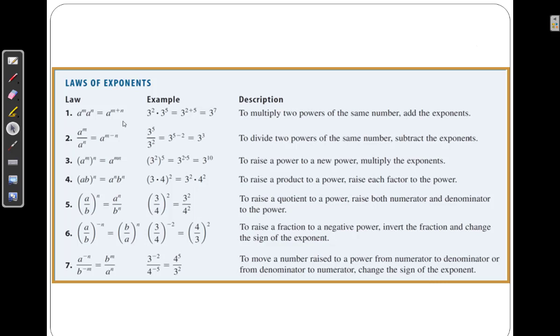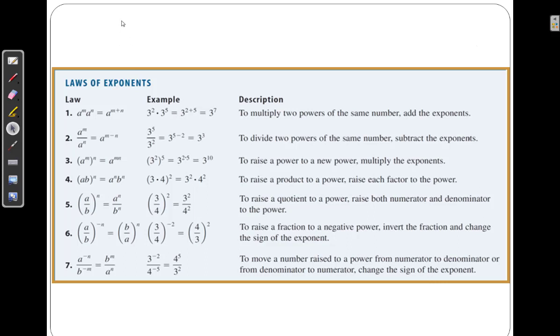This first law, law number 1, tells you if you have two exponential expressions with the same base, so you see I have 3 to the 2, 3 to the 5, in that case, you deal with the exponents by just adding them together. And that's fairly easy to see why.